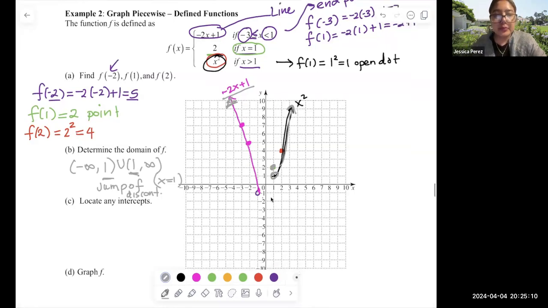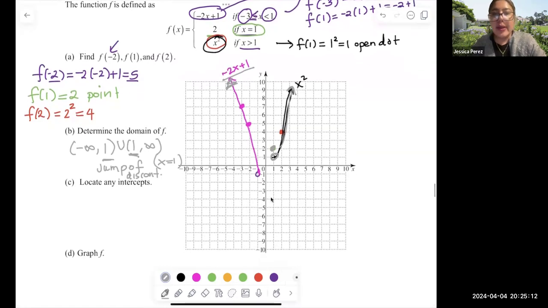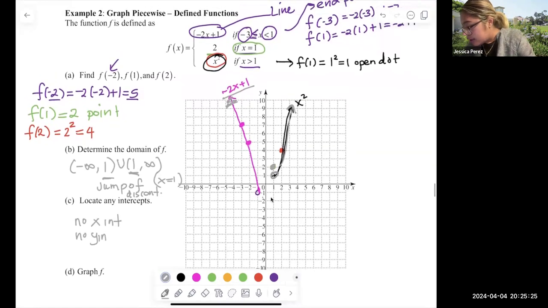Okay. What about the intercepts? Did we have any intercepts? No. No x-intercepts, no y-intercepts. Well, potentially this one has an x-intercept.